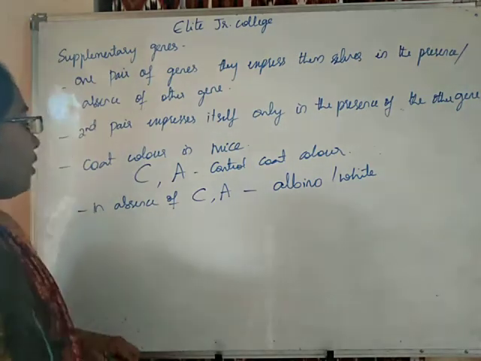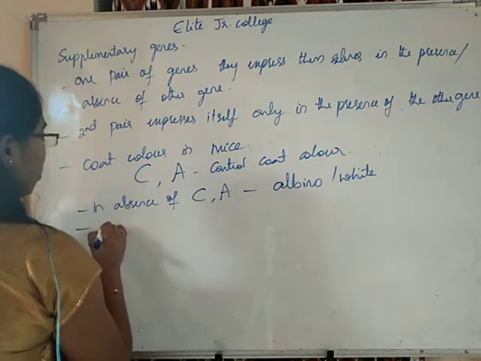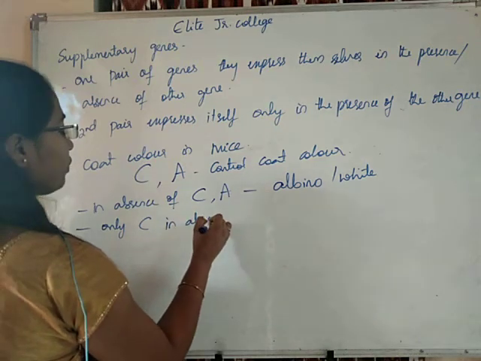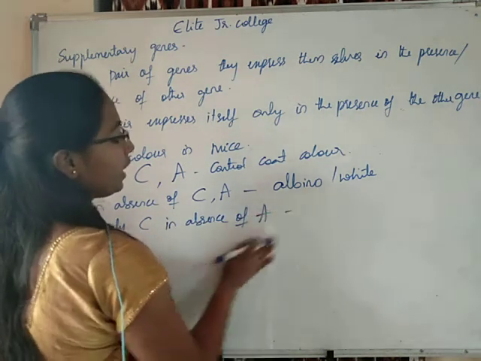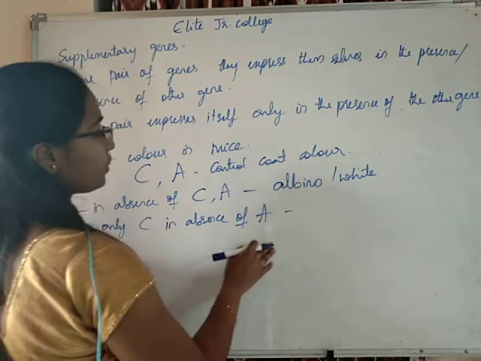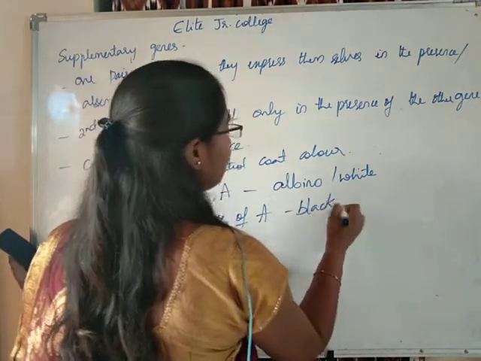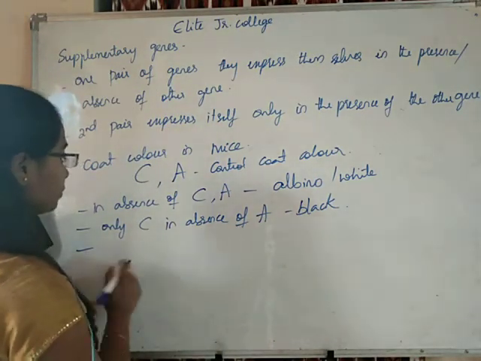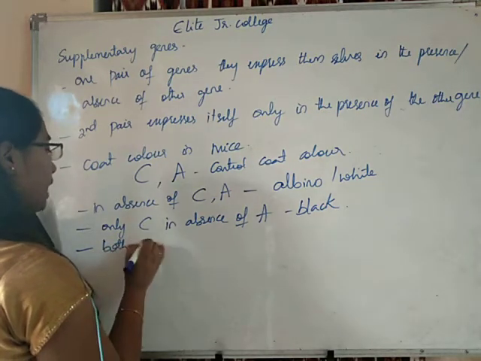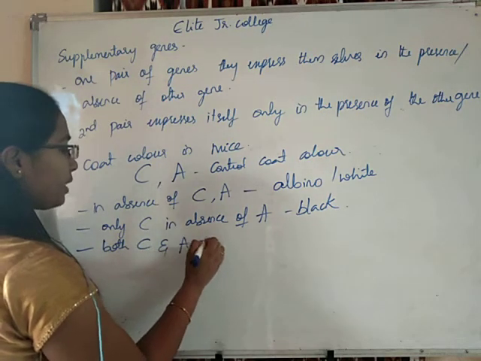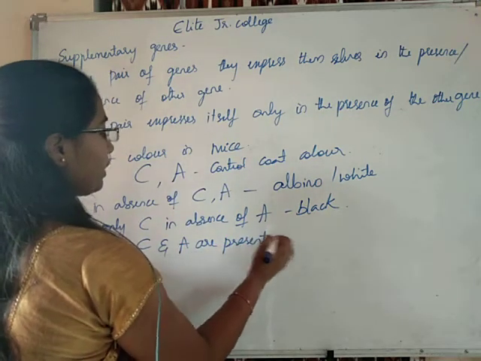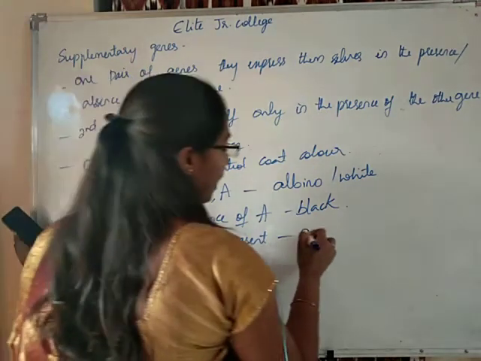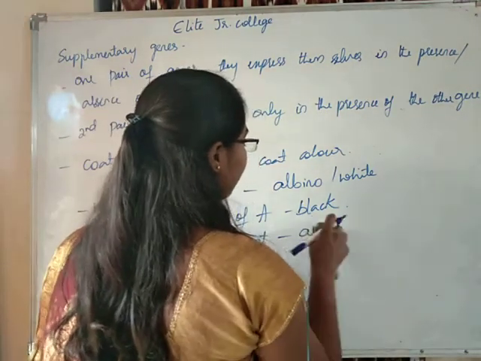Whereas only capital C, in the absence of capital A, gives black color. If both capital C and capital A are present, then both of them supplement each other's colors and give agouti color.